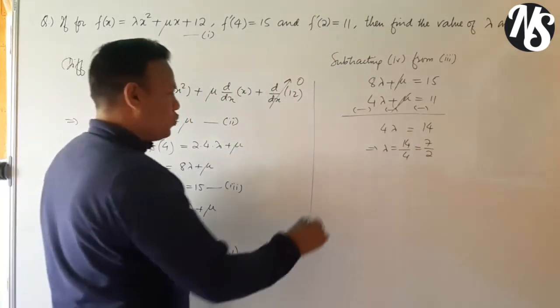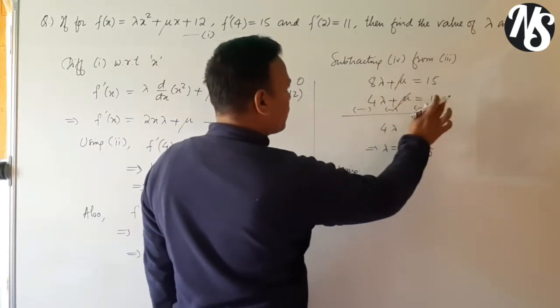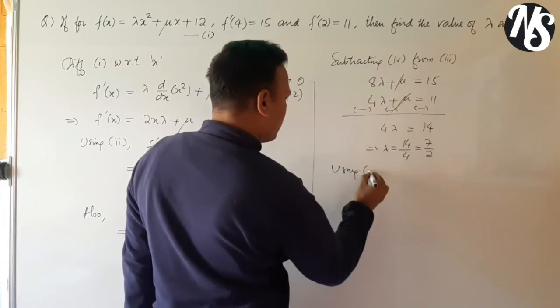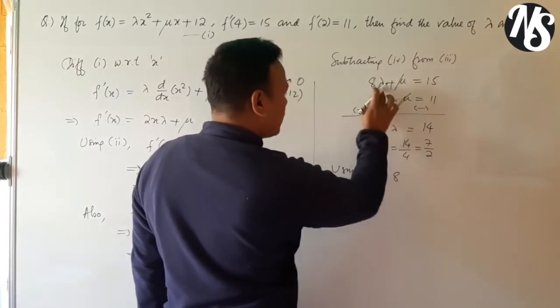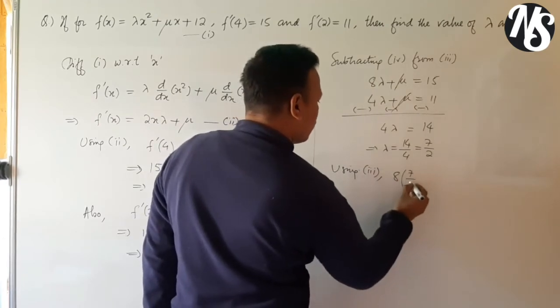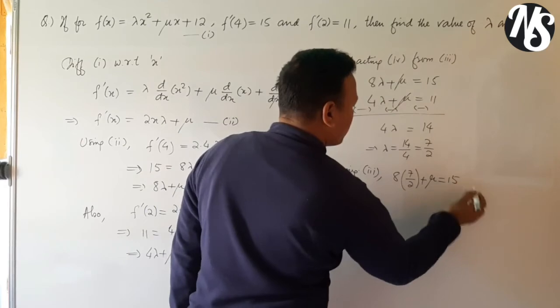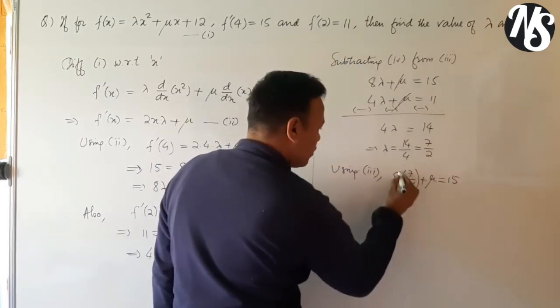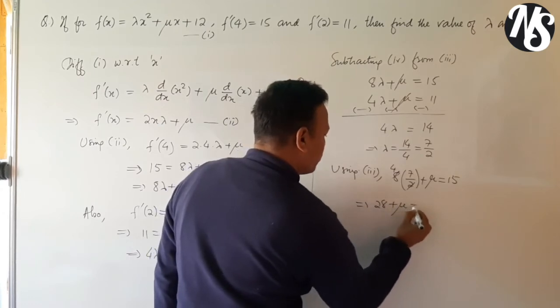Okay, so let me use equation number 3. So using 3, we have 8 lambda is 7 by 2 plus mu is equal to 15. So this and this get cancelled. So this is 28 plus mu equals 15.